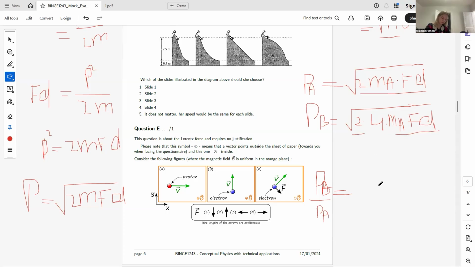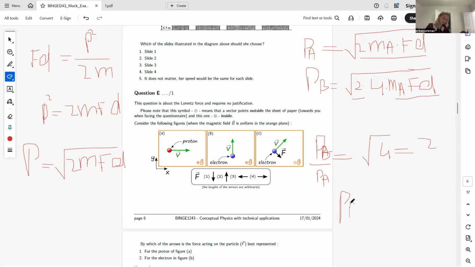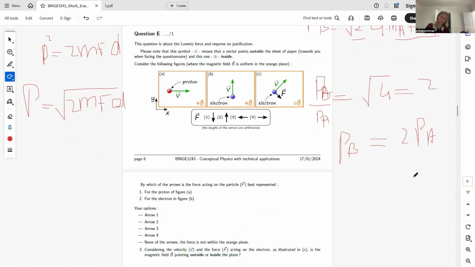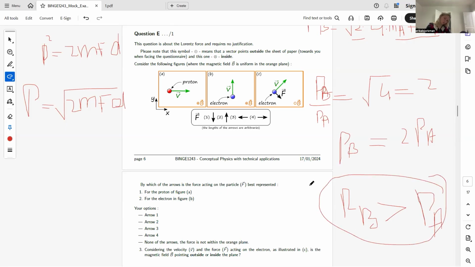The only term left will be the square root of 4, which is equal to 2. So we can write PB is equal to 2PA. If PB is equal to 2PA, then it is clear the momentum of the second object is 2 times the momentum of the first object. If I remove this constant 2, then I can write PB is greater than PA. So it is clear that the momentum of puck B will be greater than the momentum of puck A.